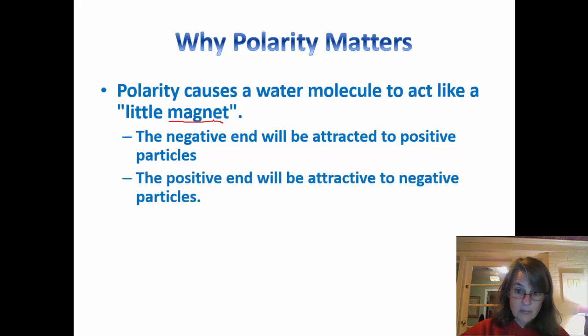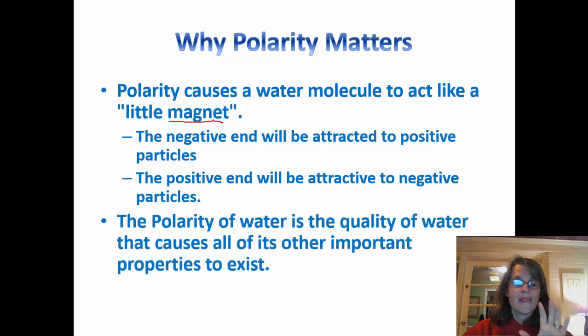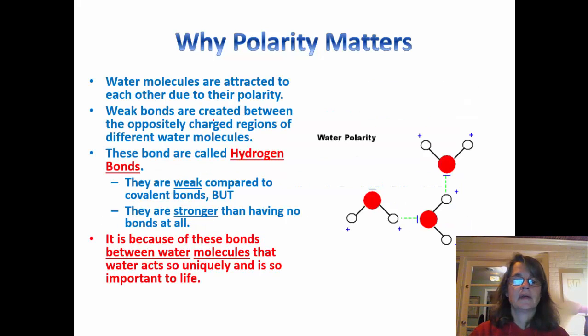The positive end will be attractive to negative things. That property, that little magnet nature of water, is the quality of water that causes all the other important properties of water to exist. And there's a lot of important properties to water.